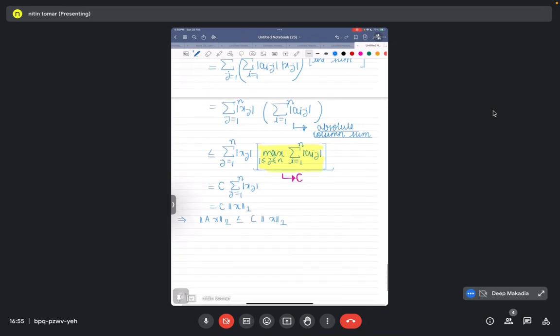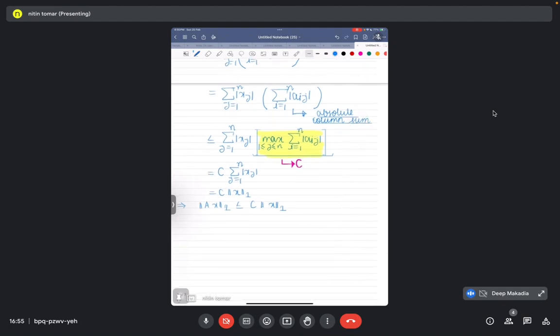Now you know why we took the maximum, because I want to have the 1 norm of x, and this holds for every x in R^n. So what does it imply? That this norm, which was the maximum of norm Ax 1 by norm x 1, x non-zero, will be less than or equal to C, right? But what was C? It was the maximum of the absolute column sum. Do you get my point?